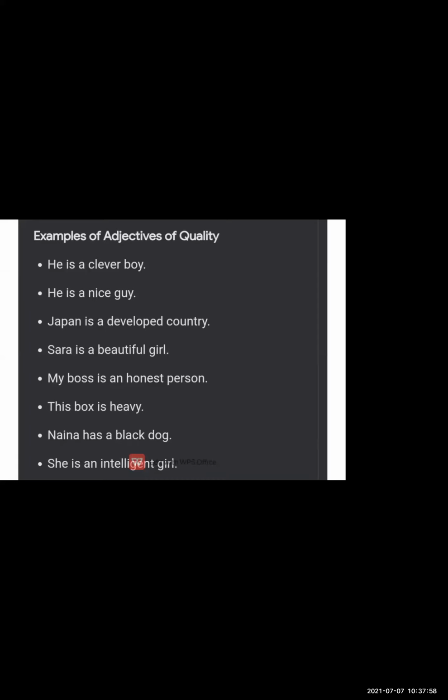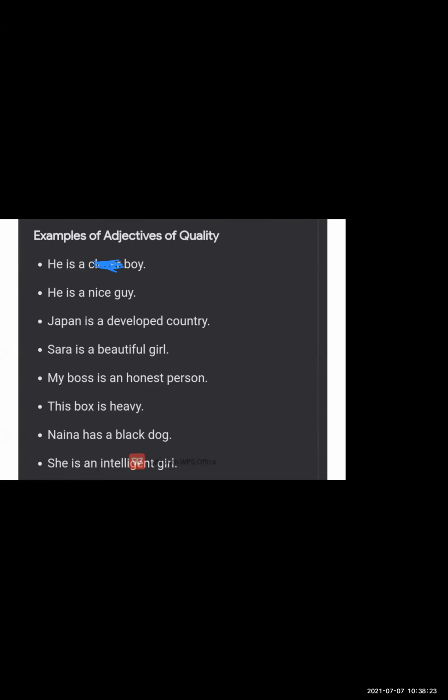Suppose if I write only, he is a boy. In this sentence, there is no adjective. There is no adjective of quality because I am not describing the boy.